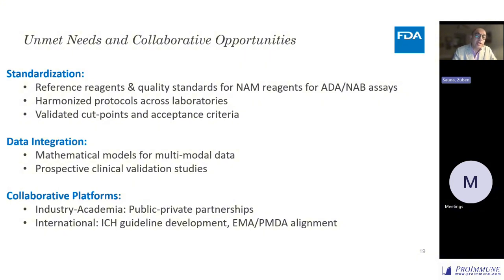Is this drug immunogenic in this individual, or is it not immunogenic? And many of these decisions are based on generating a threshold called a cut point, and it is important that these are done in a very thoughtful way.